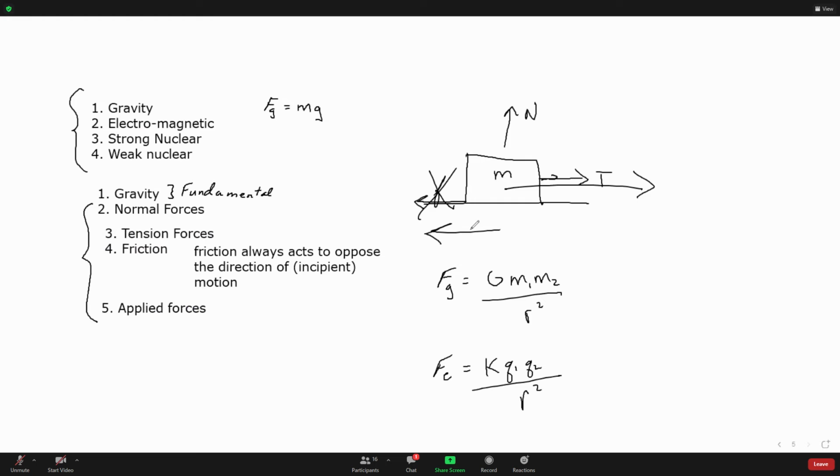Well, you're going to find out when you study electromagnetism that there are a lot of similarities between these two. But we're going to study this law later on this semester. Okay, so right now, we're not concerned with the nature of the forces.